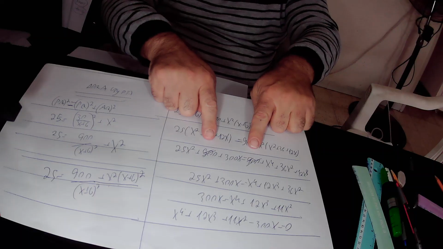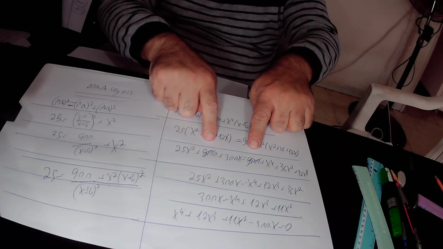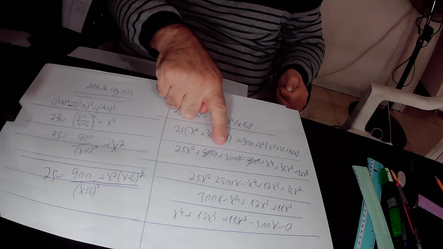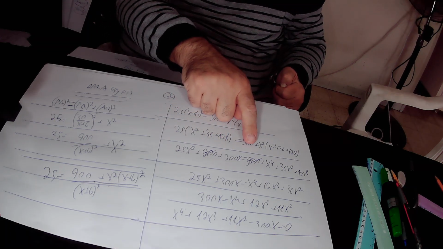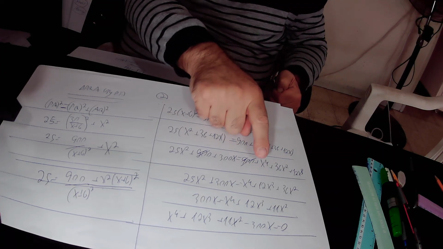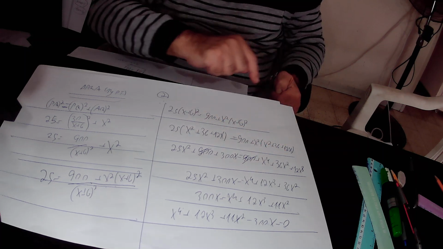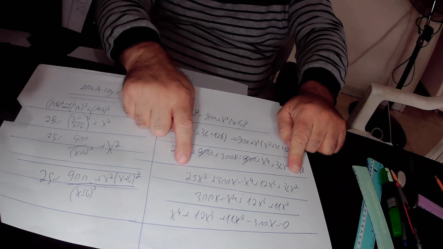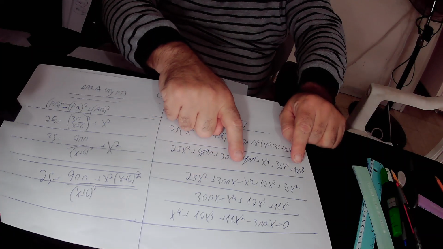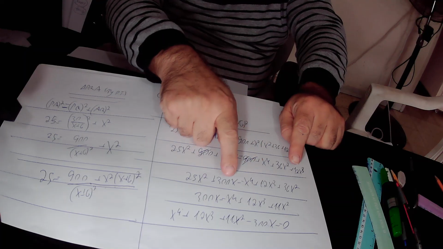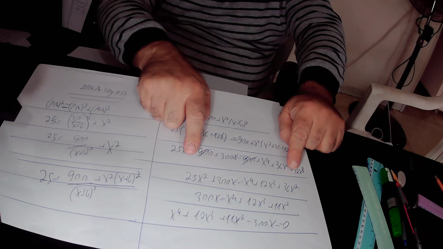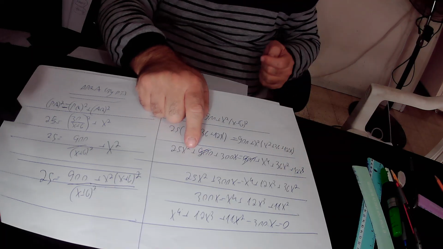So here we have 900 on both sides of this equation, so the 900 gets cancelled. On this side of the equation we are left only with 25x squared plus 300x, while on the other side we are left with x to the power of 4 plus 12x cubed plus 36x squared. Here we subtract 25x squared from this equation. So on this side we are left only with 300x, while on the other side we have x to the power of 4 plus 12x cubed, and 36x squared minus 25x squared is 11x squared.